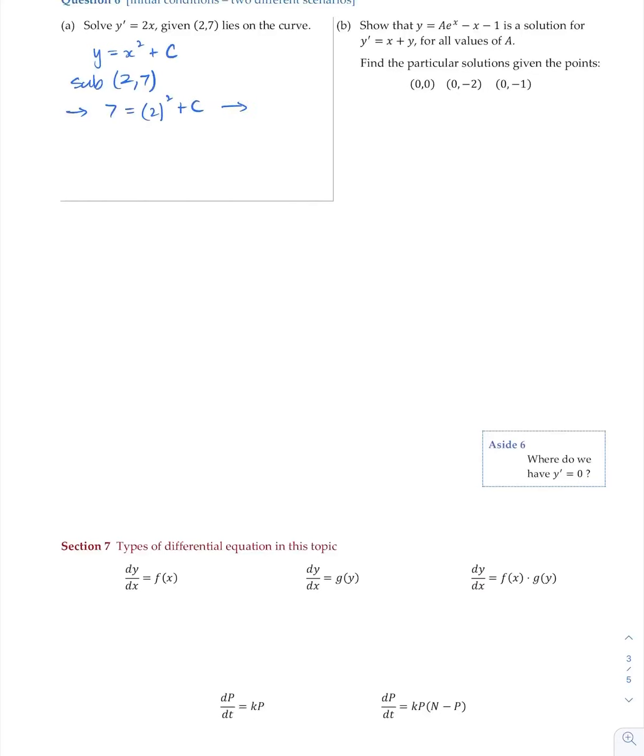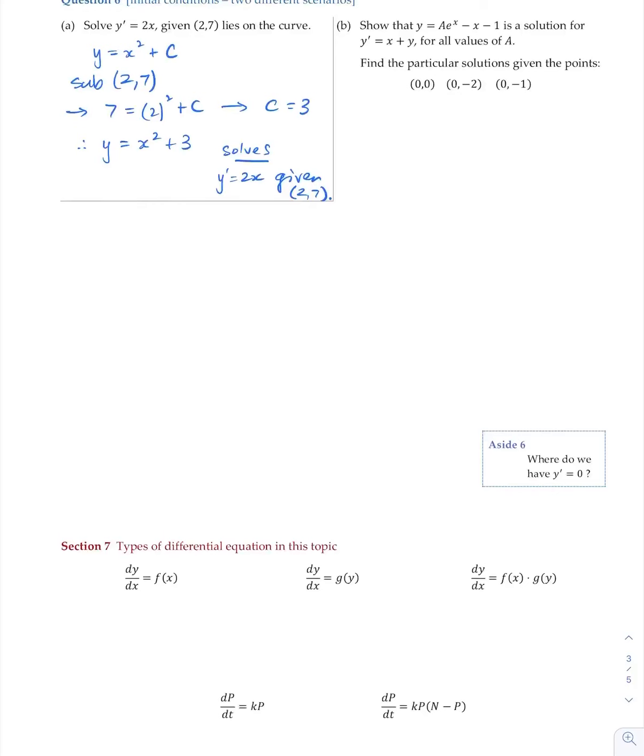That's 4 plus c, so c equals 3. So therefore y equals x squared plus 3. All right, so that solves y dash equals 2x given 2, 7. Okay, I'm not saying you have to write that as part of your solution, I'm just reiterating what we've done.